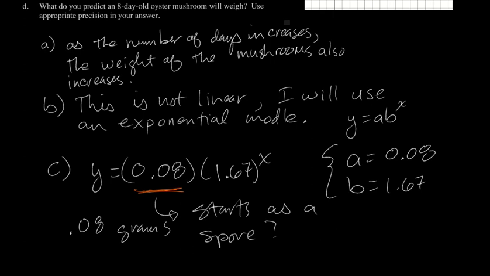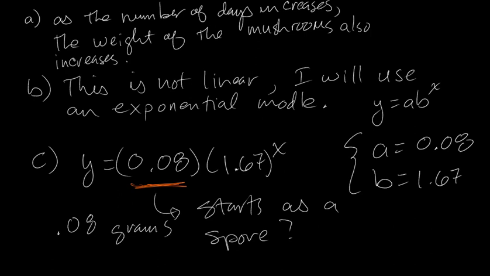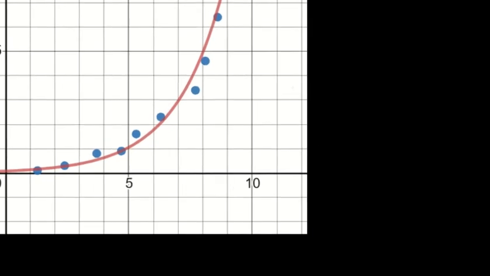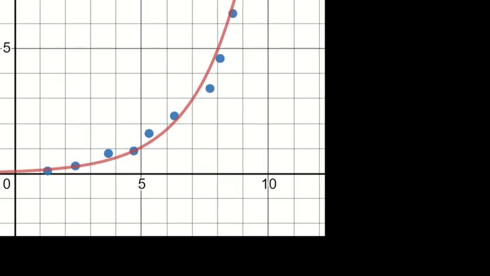All right, then finally D, it says, what do you predict an 8-day-old oyster mushroom will weigh? Use appropriate precision in your answer. So I did copy the graph with the data and the line of best fit from Desmos over to here. And you can see if I was to jump up to day 8, right, we're looking at day 1, 2, 3, 4, 5, 6, 7, 8.